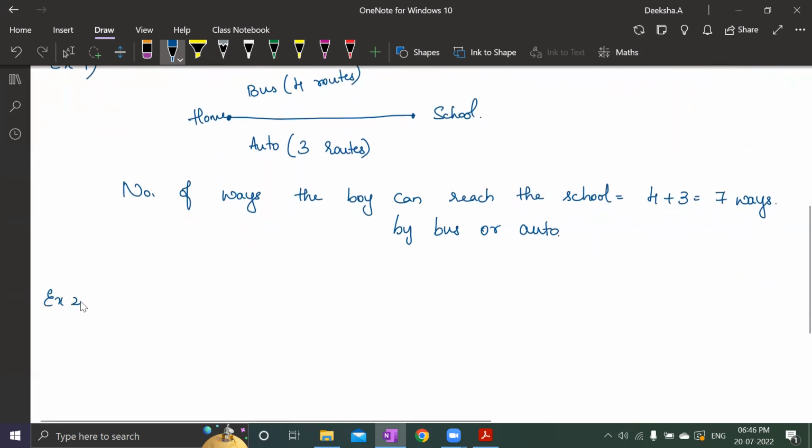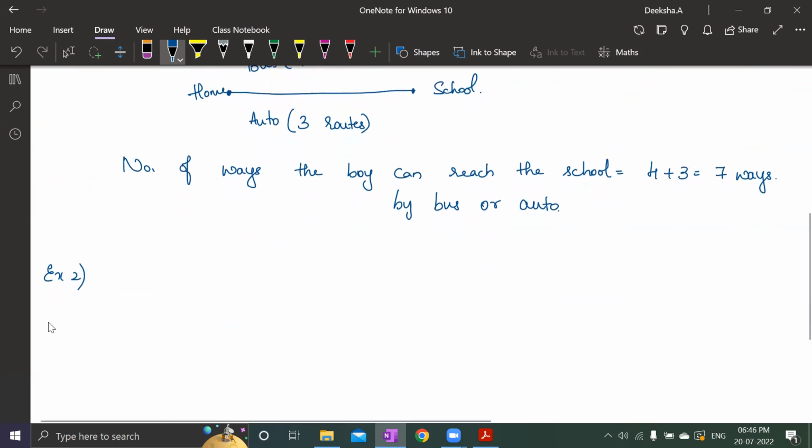Suppose the same example, I'll modify it a little bit. Now there is no direct route from home to school. His school is far. He has to go until this point by bus only. So from home, he cannot go by auto. He has to go by bus only, and there are 4 different routes, whichever route he wants.